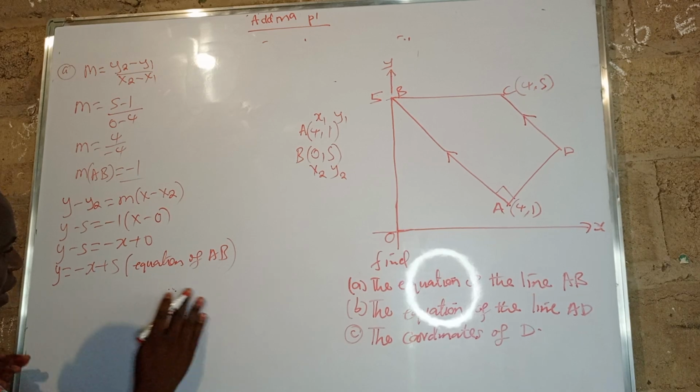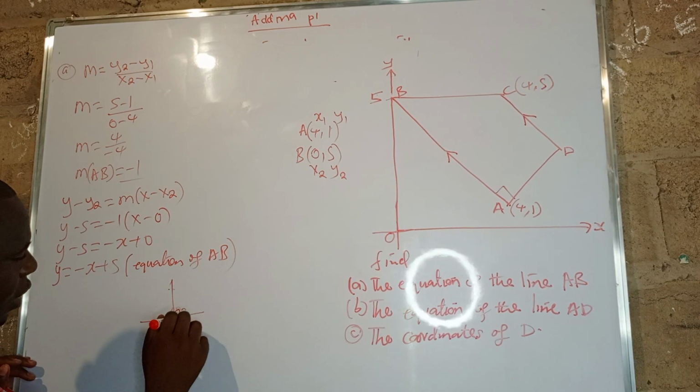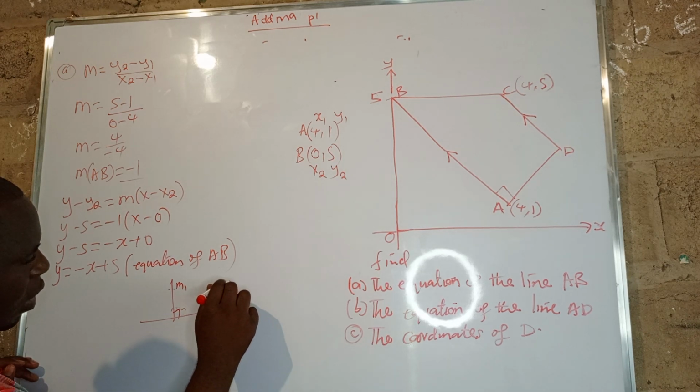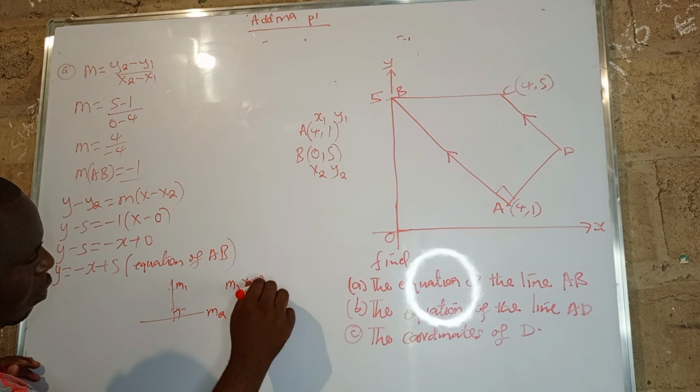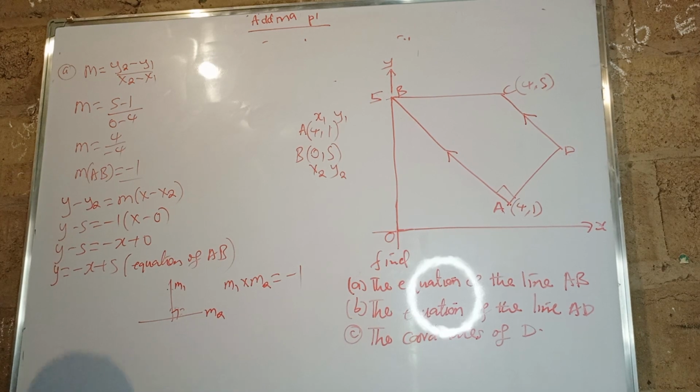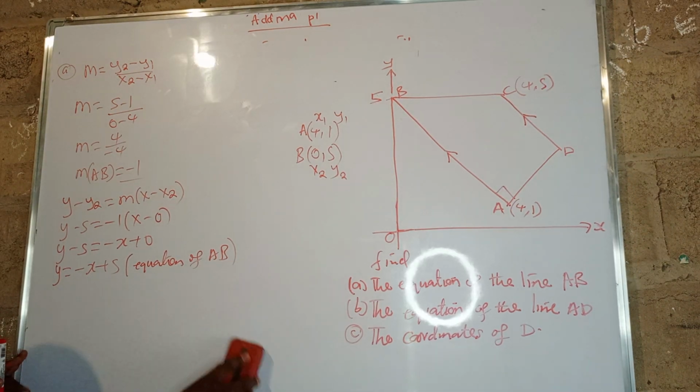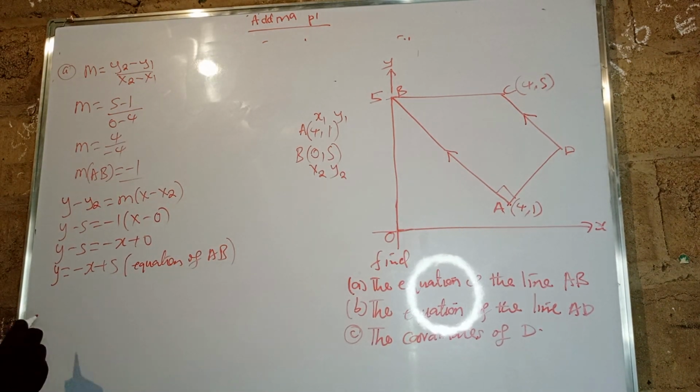As you can see, it forms a 90 degree angle here. So M1 times M2 is equal to negative 1. You need to know that. So in this case, we go to question B.